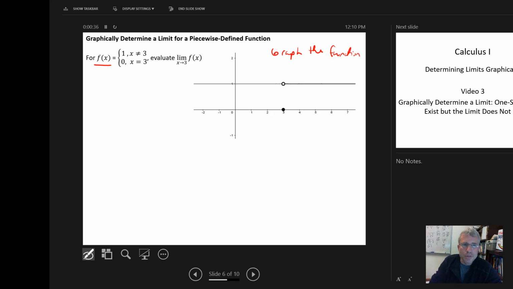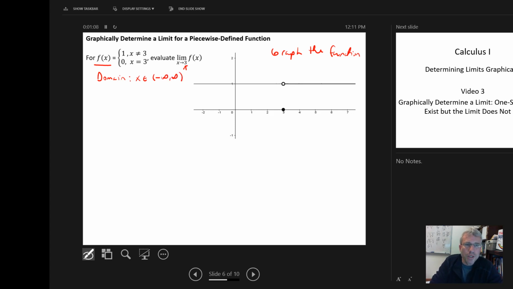And then we want to do the same thing that we did in the previous video. We want to look at the number for which we're interested in the limit. In this case, we want the limit as x goes to 3, and we want to create two open intervals centered at 3. The piecewise defined function is defined for all x, so the domain is x is an element of the interval from negative infinity to infinity.